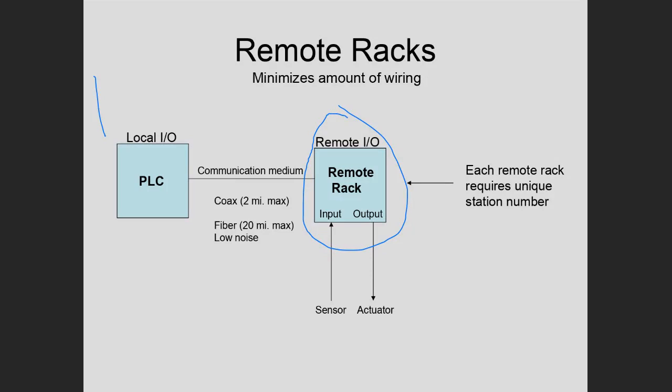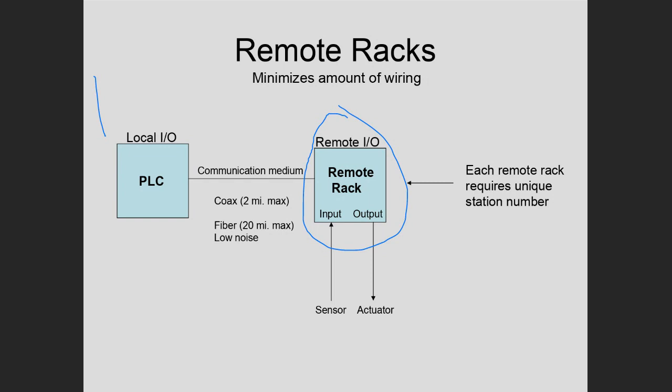So the main advantage to coaxial cable, compared to fiber optic cable, is that it's really inexpensive. The other advantage to coaxial cable is, let's say you have to run a lot of this coax throughout your factory or your process.